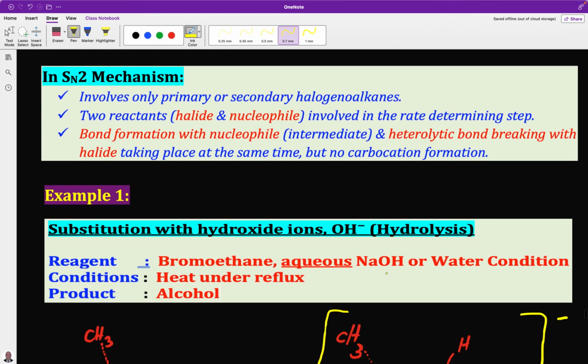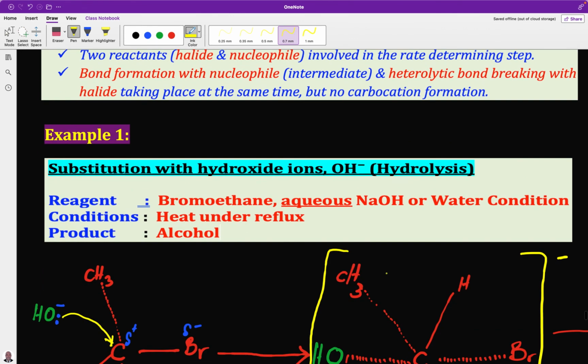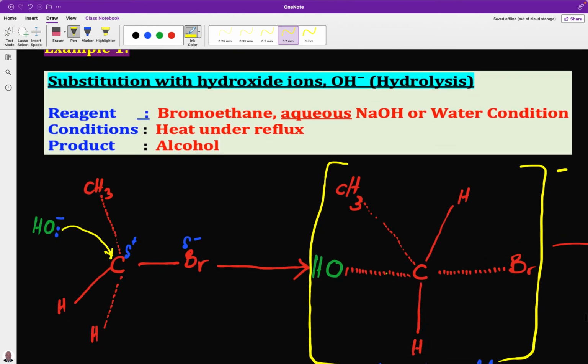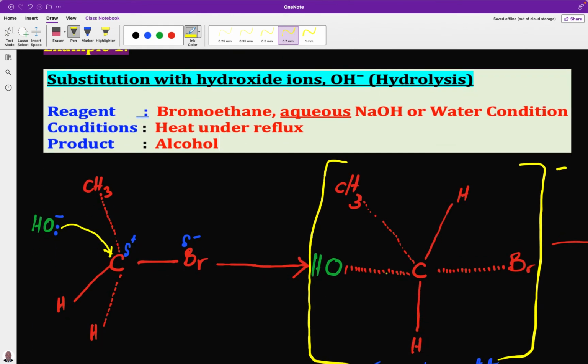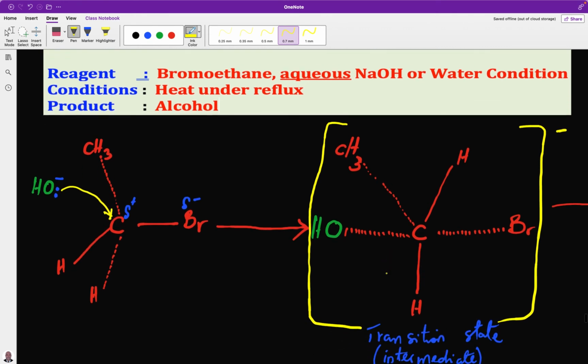Then again, in this same reaction, there is bond formation with the nucleophile, and the heterolytic bond breaking with the halide. We saw it here. An example of the primary halogenoalkane we took was bromoethane with sodium hydroxide.